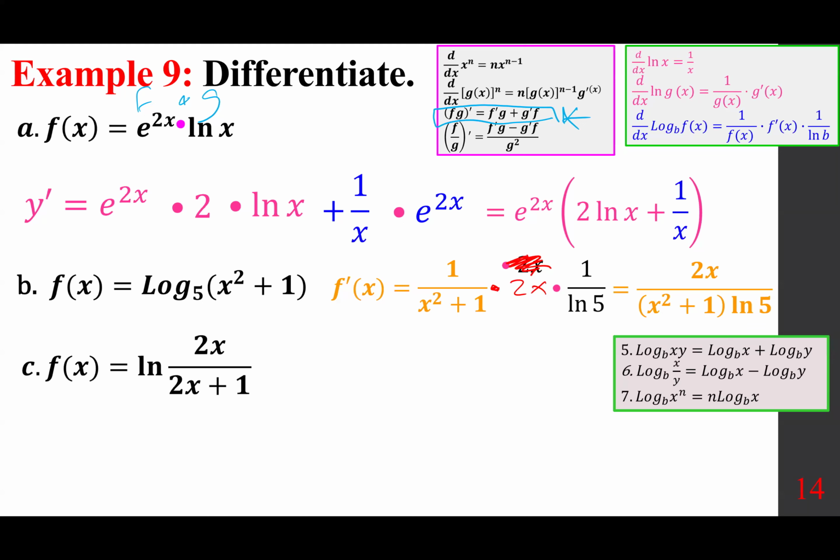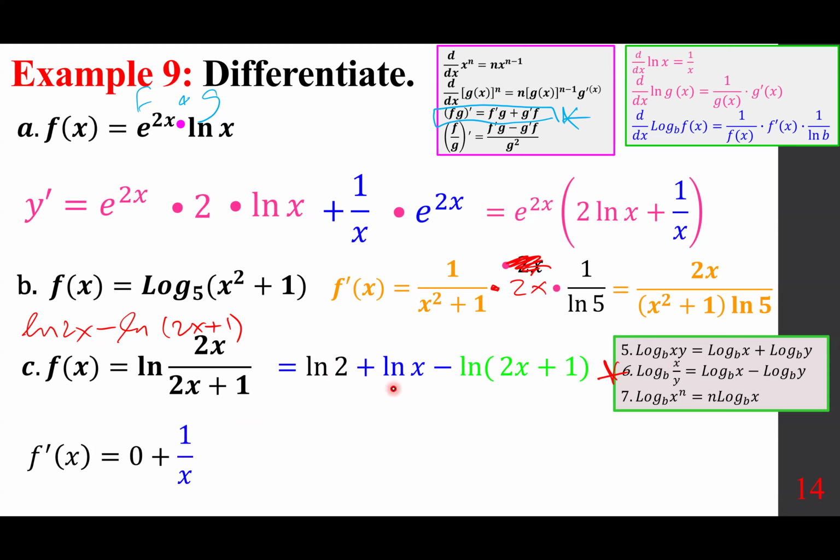What about this one? First, we use the quotient rule. So ln of 2x minus ln of 2x plus 1. Because if we don't, everybody, we have to flip this over and then multiply by its derivative, which uses the quotient rule. So it takes longer. ln 2x, now we use the product rule, is ln 2 plus ln x. Because ln 2 is a number, the derivative is 0, ln x is 1 over x.